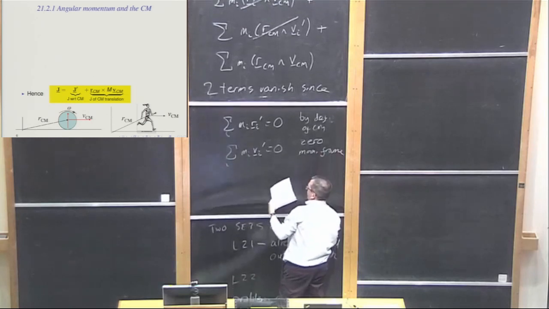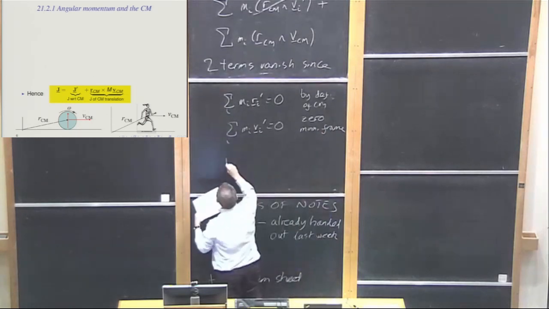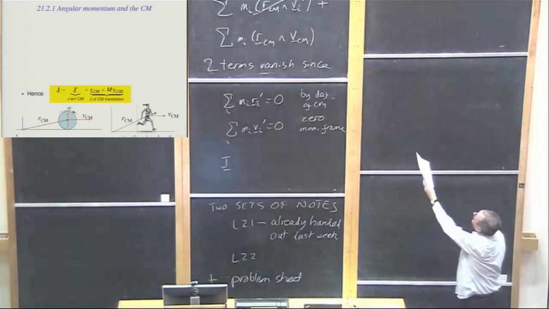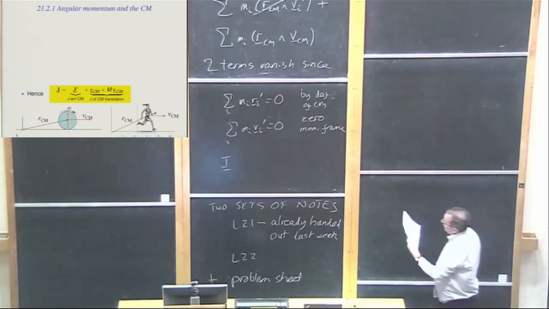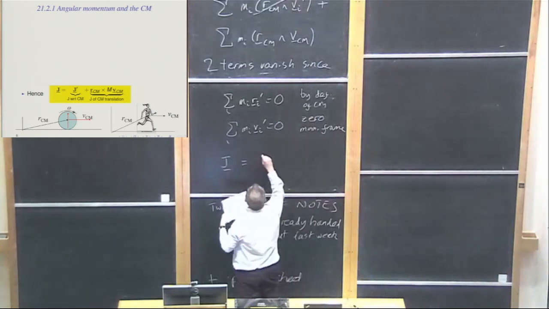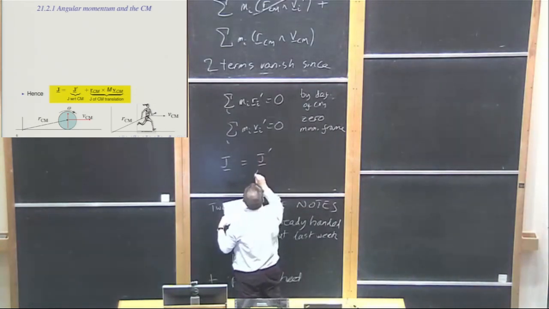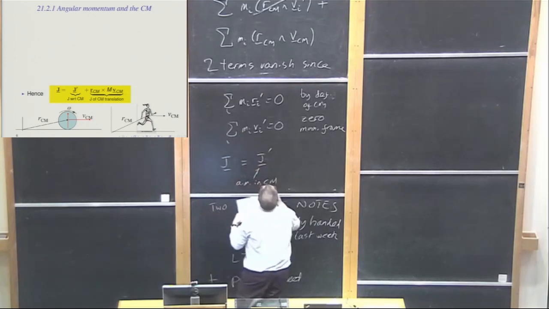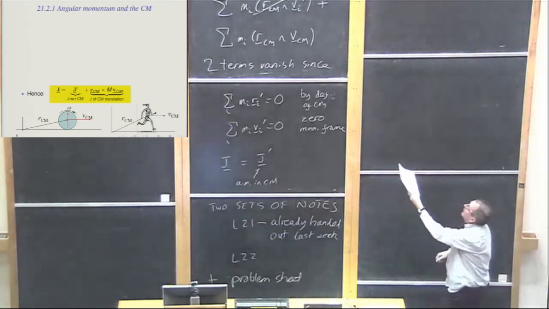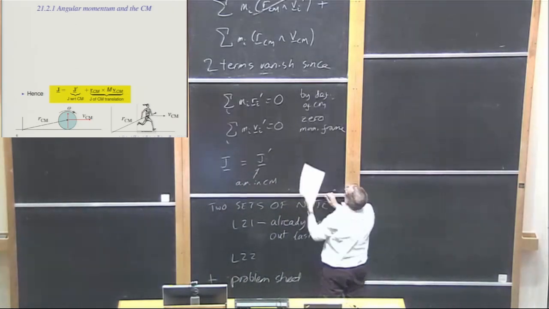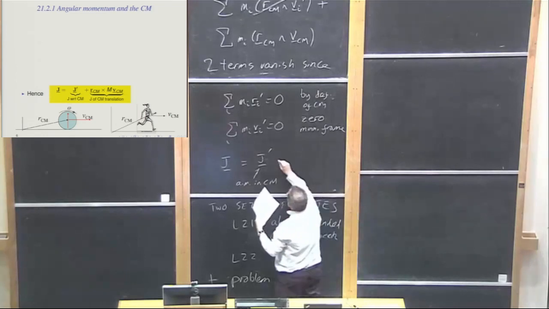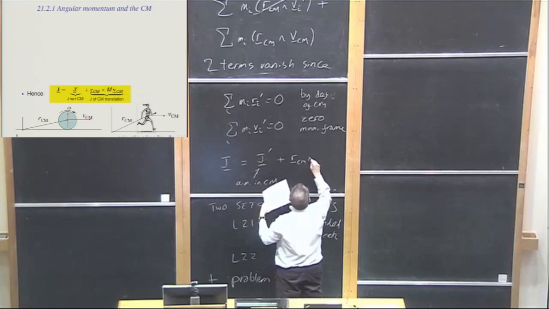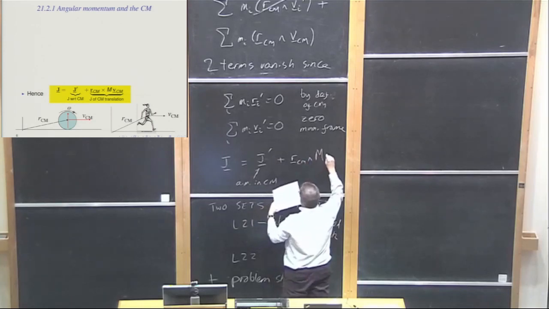Okay, so we're left with just 2 terms, and the first term involves R prime and V prime, so I can write that as J prime, the angular momentum in the centre of mass. The other term which remains just involves the centre of mass coordinates, so this is plus RCM cross big M VCM.